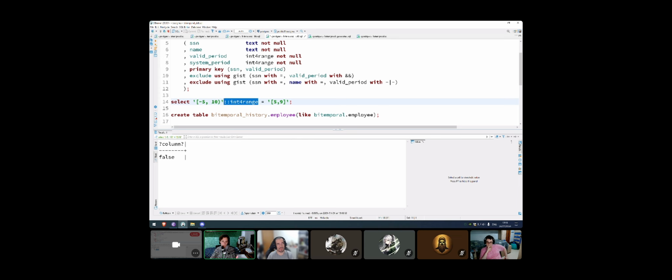So you could have 10 omitted, so it would be basically from 5 and beyond, it's believed that this is true. And then when the thing finally gets moved somewhere, that would close, and the period ends at that point.